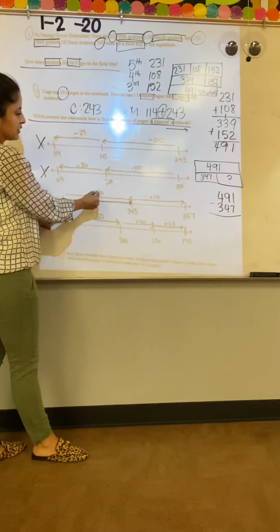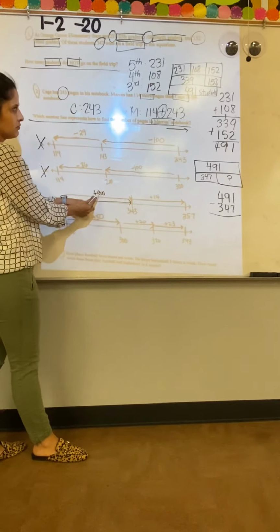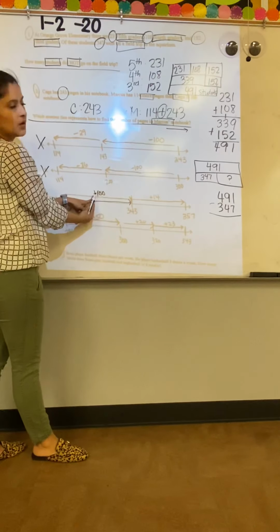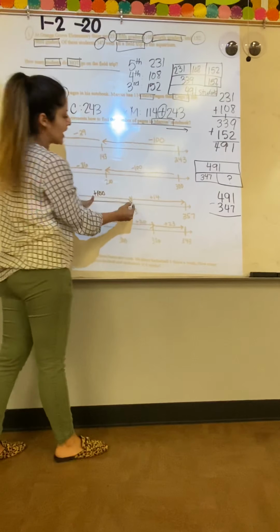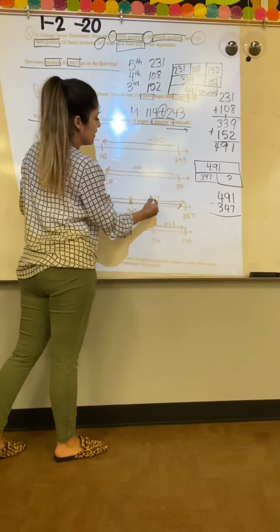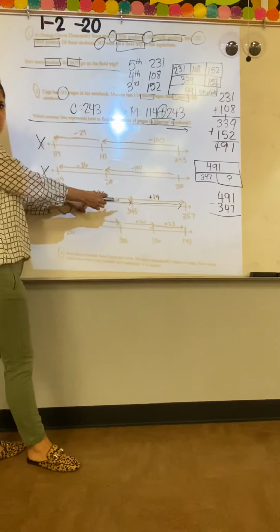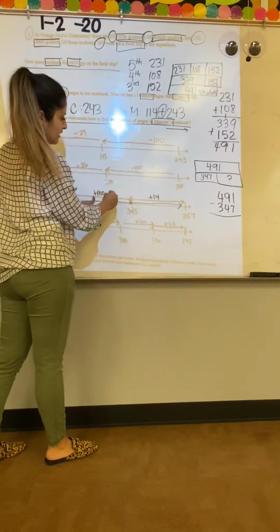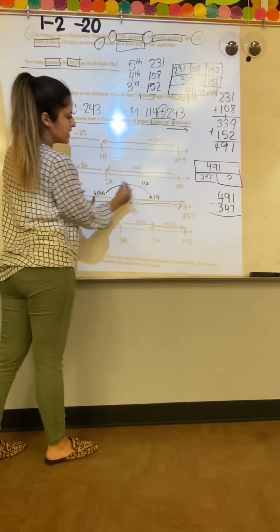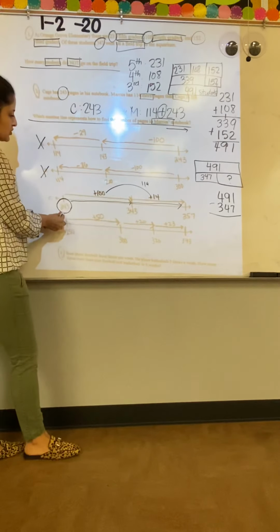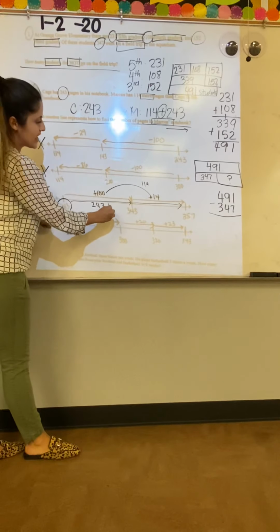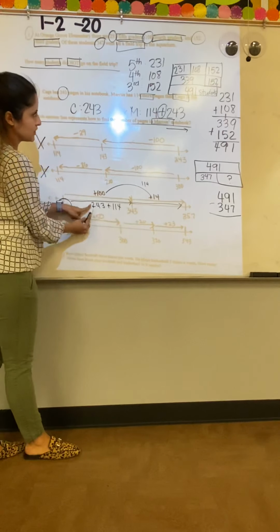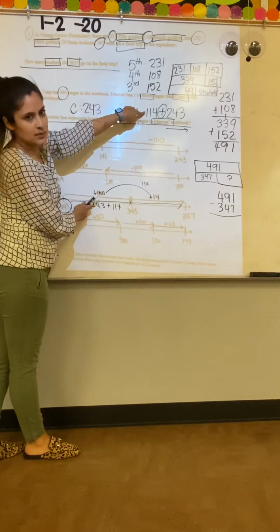I'm increasing by 100, which is a part of 114, and then I'm increasing again 14 more. So this is just broken apart into 114. So I have my starting point of 243 and I'm adding 114. Oh, that looks like it's matching my equation.